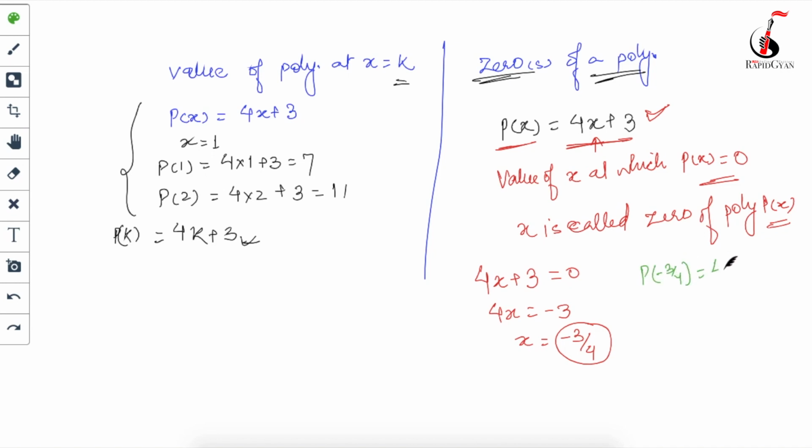So what will it be? 4 multiplied by minus 3 upon 4 plus 3, correct? 4 cancelled out, minus 3 plus 3 equal to 0. So see, now the value of p(x) is 0. Hence we will say that the zero of this polynomial p(x) = 4x + 3 is minus 3 by 4.